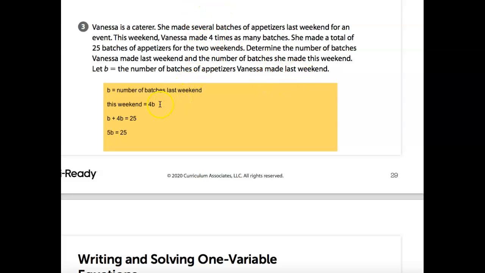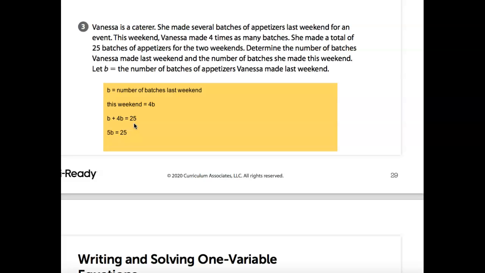So there's B, that's for last weekend. This weekend it says she made 4 times that, so this weekend is equal to 4B. And she made a total of 25 batches between the 2 weekends.